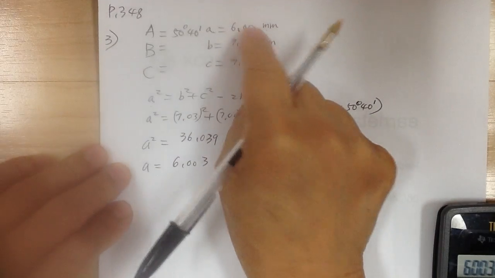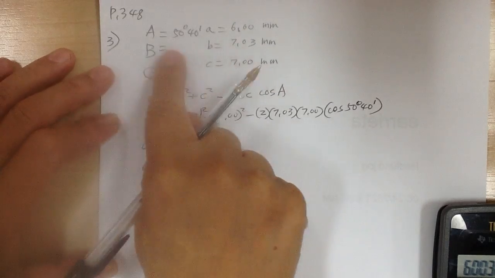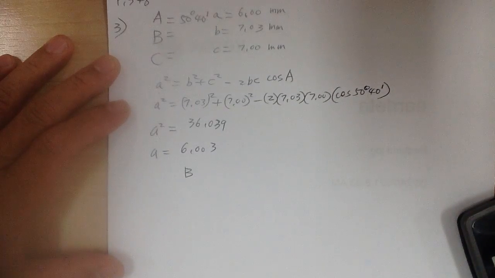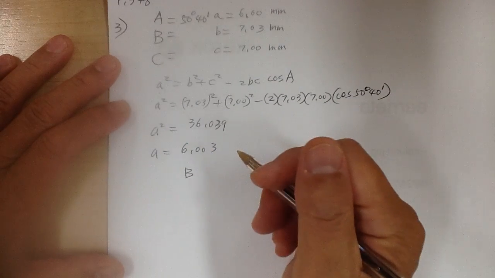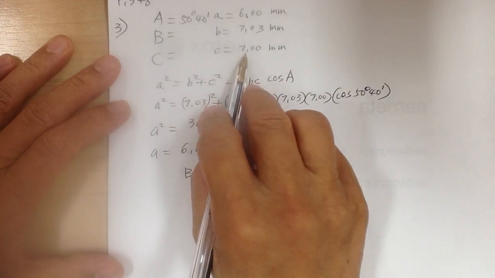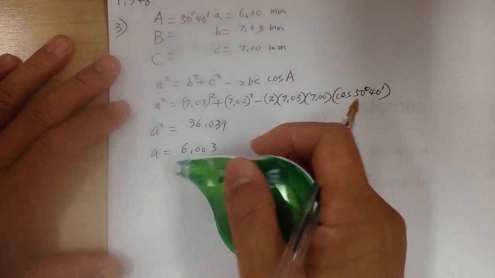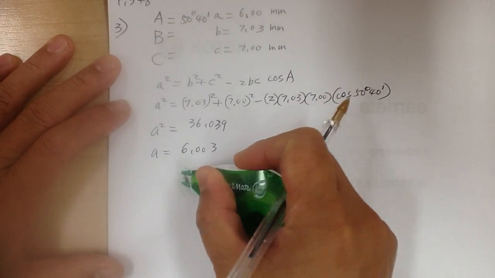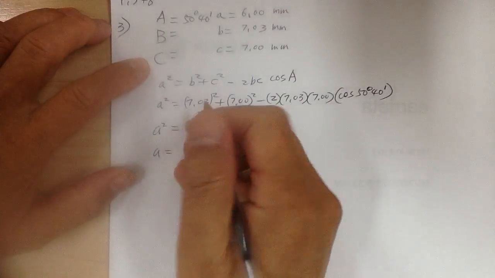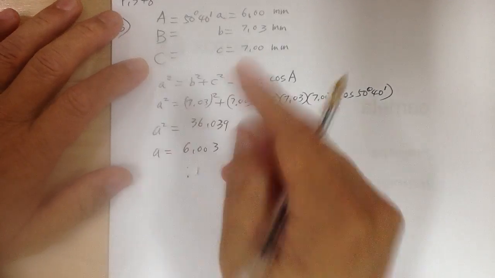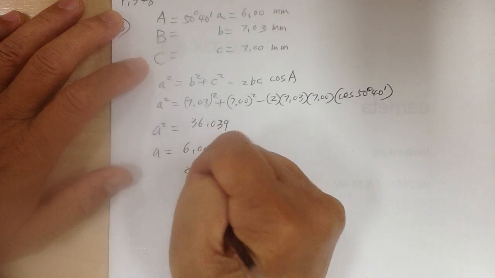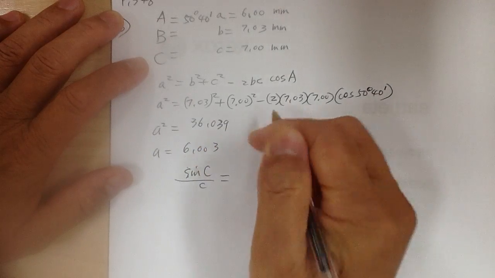Once I find that, to find the other angles I need to use the law of sines. I'm going to look for C first, which is a better choice, because only the biggest angle can be more than 90. Angle C has to be less than 90, so I don't have to worry about the second case.